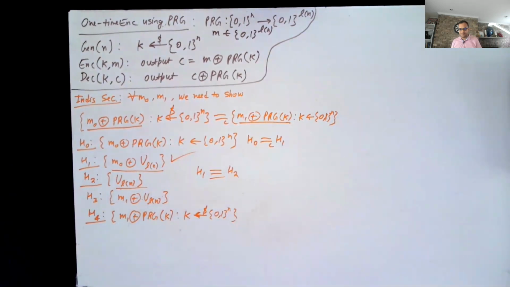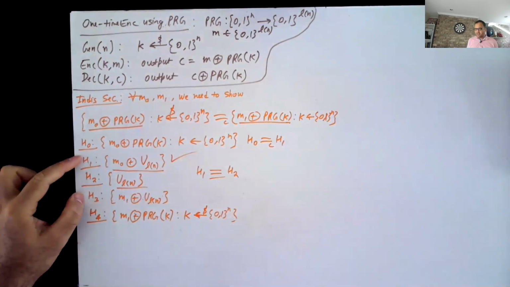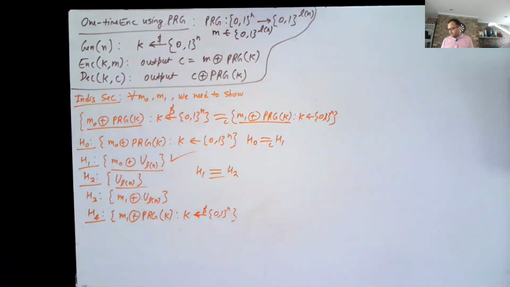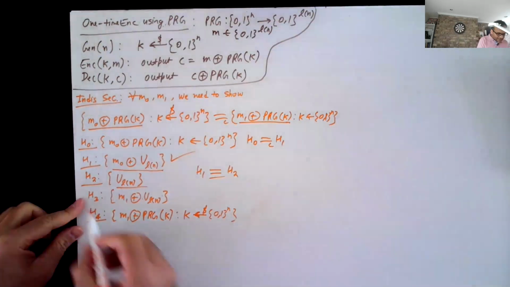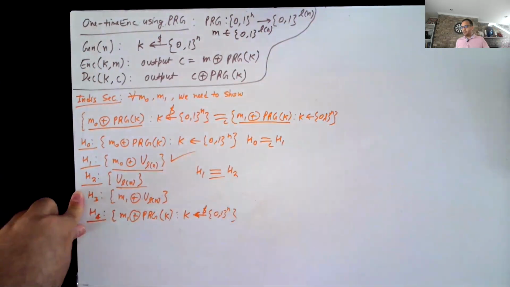Okay, any questions? Does this make sense? Can you go from H1 to H3 directly? H1 to H3, yeah, actually you can do that. In fact, you don't even need any hybrids after H2, right?